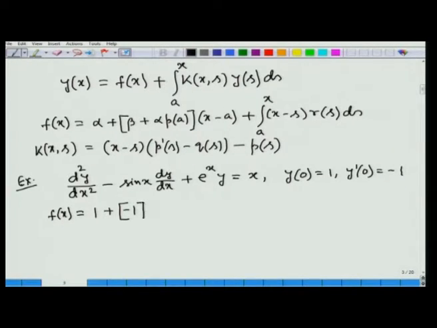So, no contribution is coming from alpha p a multiplied by x, because a is 0, plus integral a to x, here a is 0, so the lower limit will be 0 to x, of x minus s, r x is x.